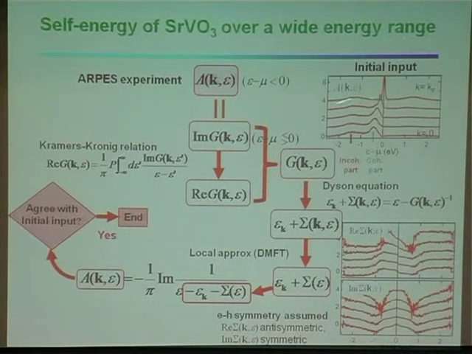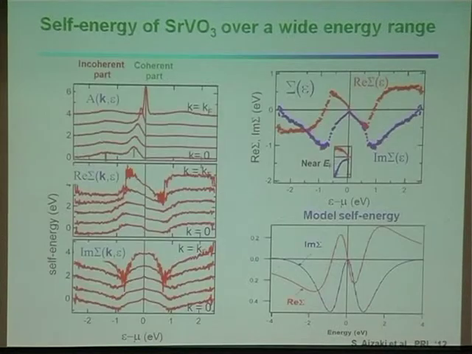If this agreement is good, then we stop and we can say that we have obtained the self-energy experimentally by iteration. But if not, we come back to this and go through this iteration several times.